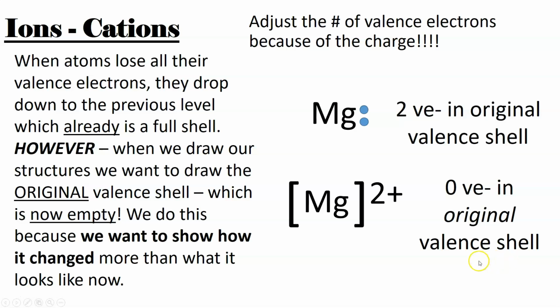And so I'm telling people it lost those original valence electrons. So the nice thing about drawing cations is you don't have to draw the dots, right? Because it's not going to have any dots in here if it's lost them. So the cations are a little strange because you have to remember that we're really trying to show the original shell here.